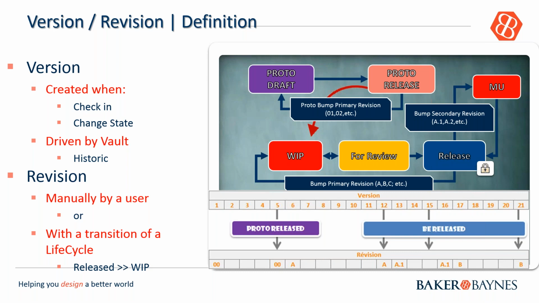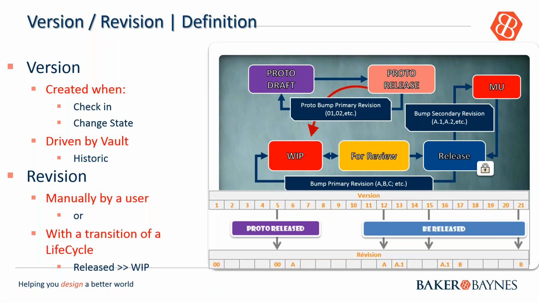Following that, the revision is the next thing. Revision is either revised manually by a user or when you do a transition from a different state. For instance, released for review to released, or released to work in progress. Now you can see that you could bump a revision up there. Now with revisions, it could be set up in different types. So you could have alphabetic or numeric.